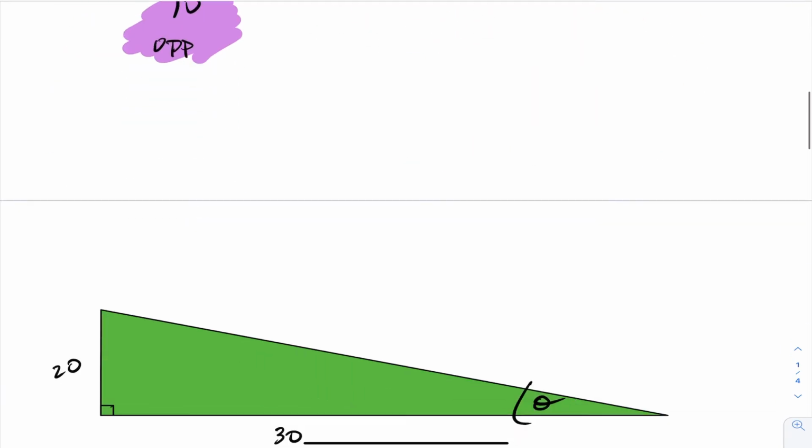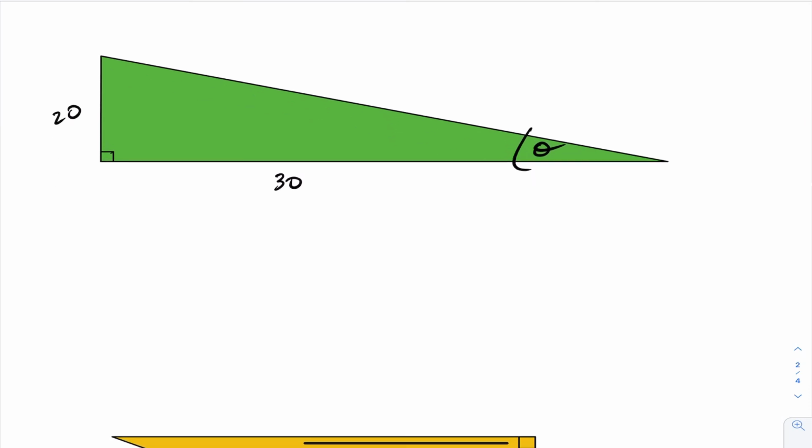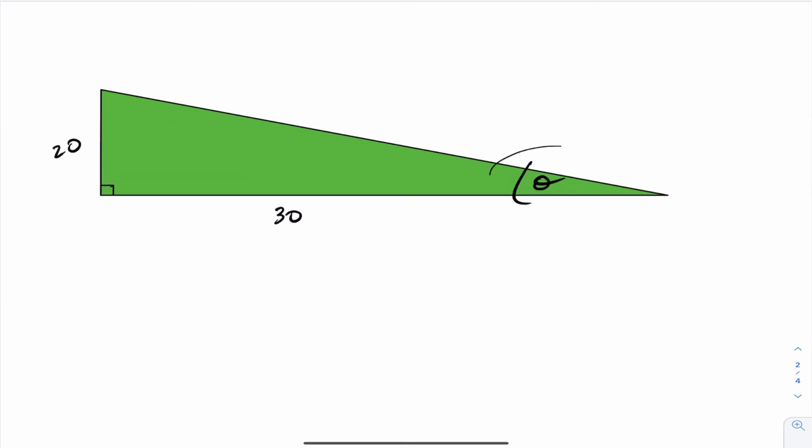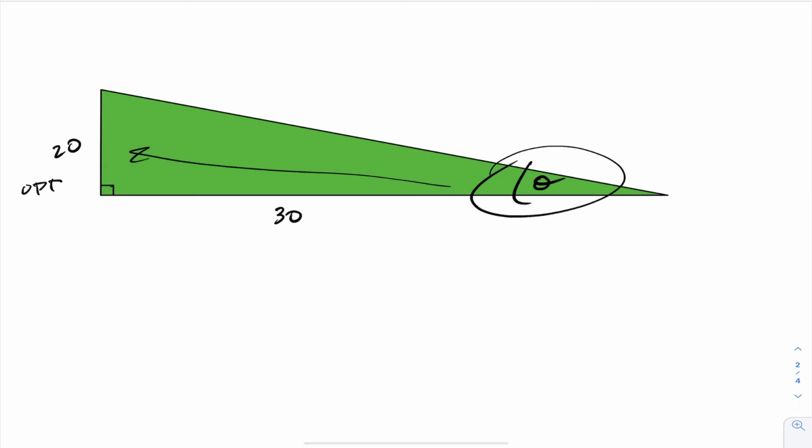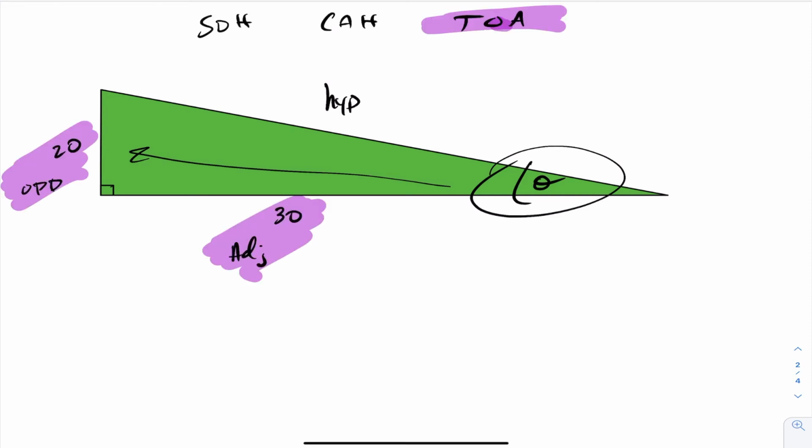Okay, let's try another example. Again, taking a look at our triangle here, this is the angle they want us to solve for. So directly opposite, this becomes my hypotenuse, and this becomes my adjacent. This involves my opposite and my adjacent, so this is going to be a tan situation.